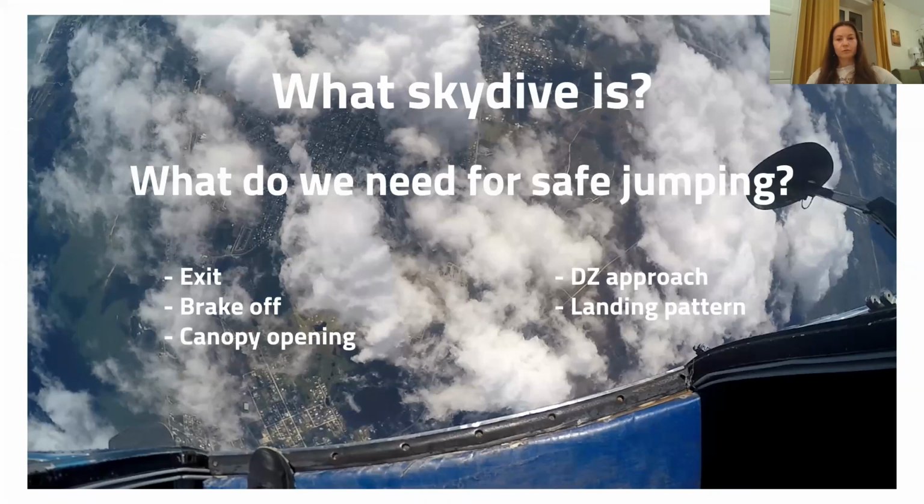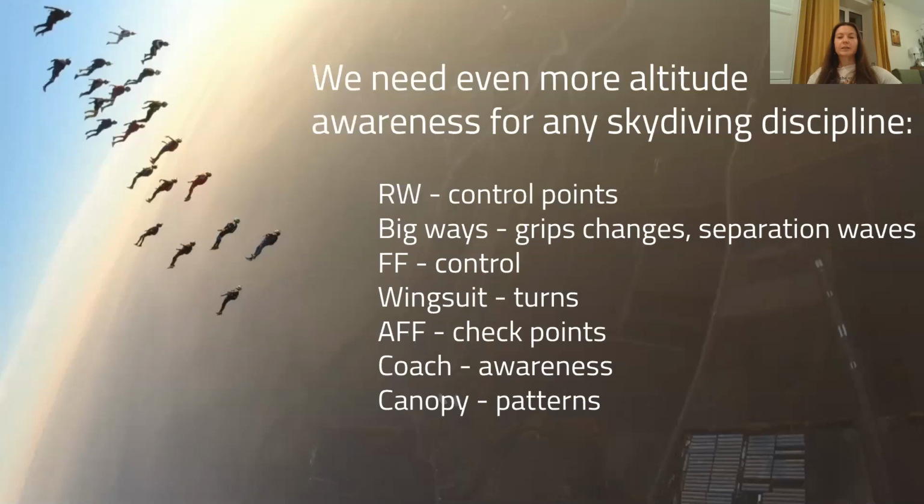Also, there are a lot of skydiving disciplines like relative work, freefly, big waves, wingsuits. And for such skydiving disciplines, we need to know even more altitudes to control our safety. For example, relative work. How do we check our progression?